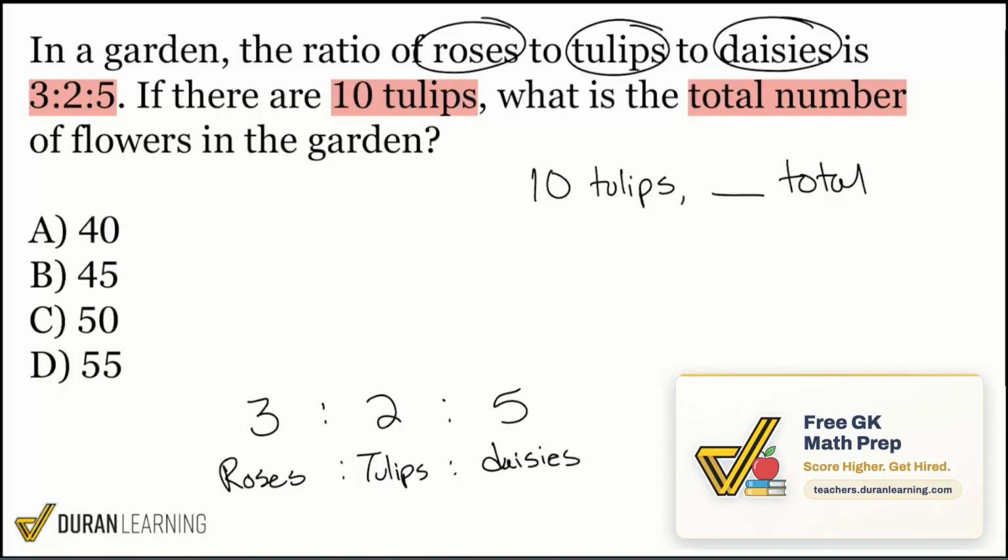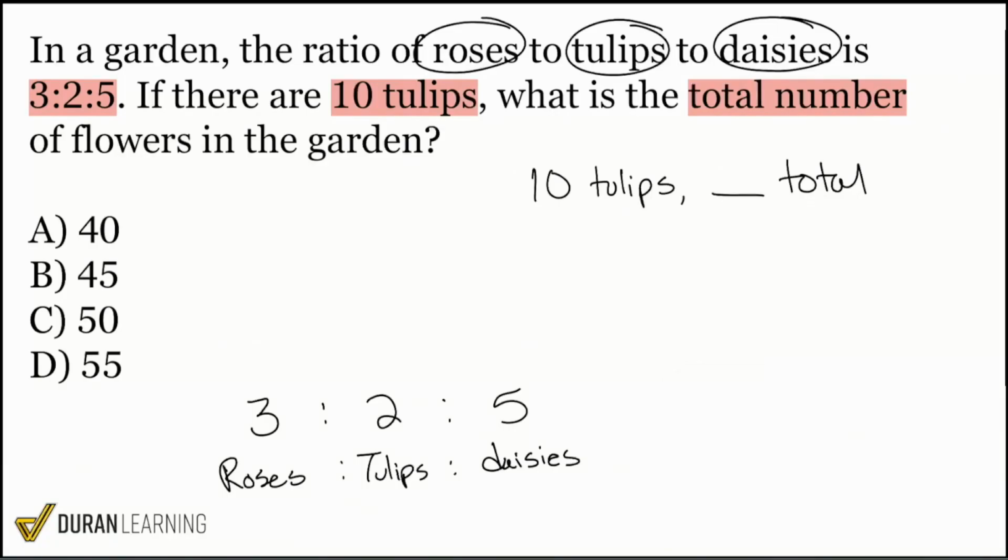Tulips. Because remember, everybody, we're trying to compare the same things in the same way. If we have 10 tulips, again, the number doesn't matter. We are comparing tulips to total. We have tulips right there, so I'm going to place the 2 for tulips right there.